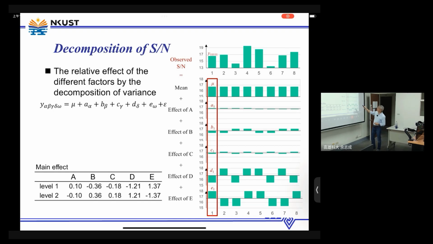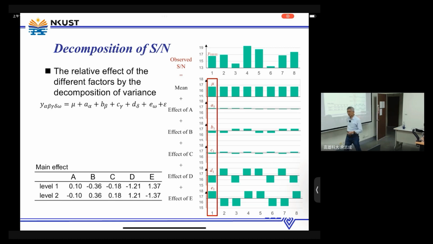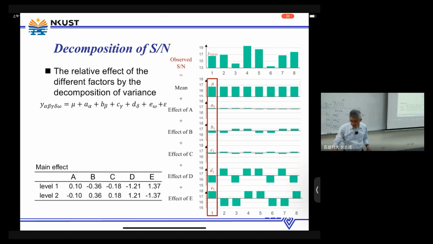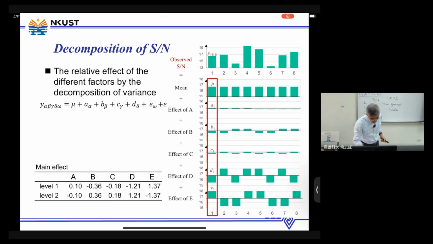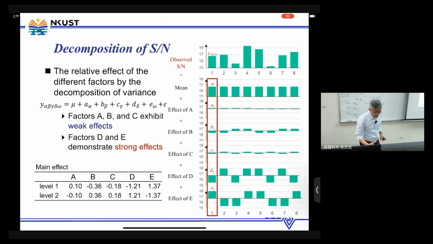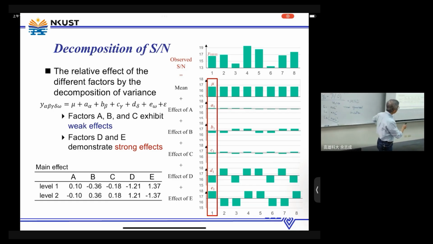We decompose y for the first design into the mean and the main effects. Following the same approach for the second design, and also for designs 3, 4, 5, 6, this is how we decompose our output into each main effect.